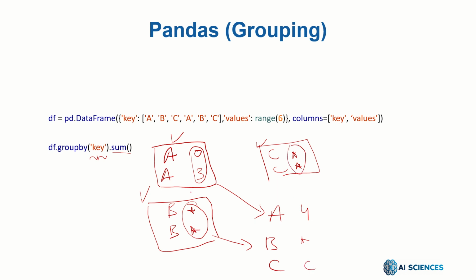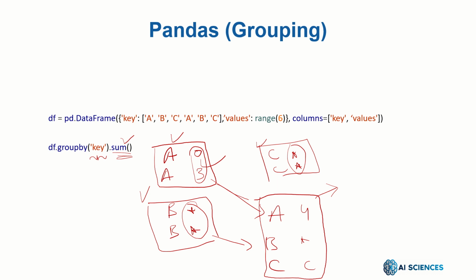So first you split to make groups, then you apply the function, and then all the split results combine again together to give another data frame. That's what group by does. And you need not only apply this sum function, you can have a mean function, you can have a standard deviation, you can have other statistics kind of functions, whatever you want to come up with.